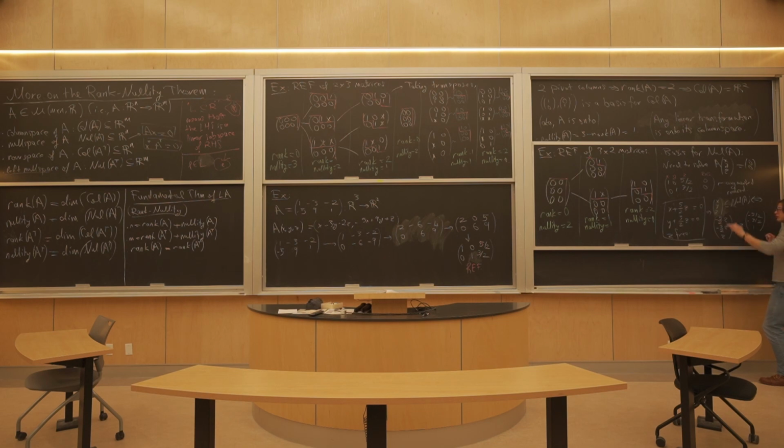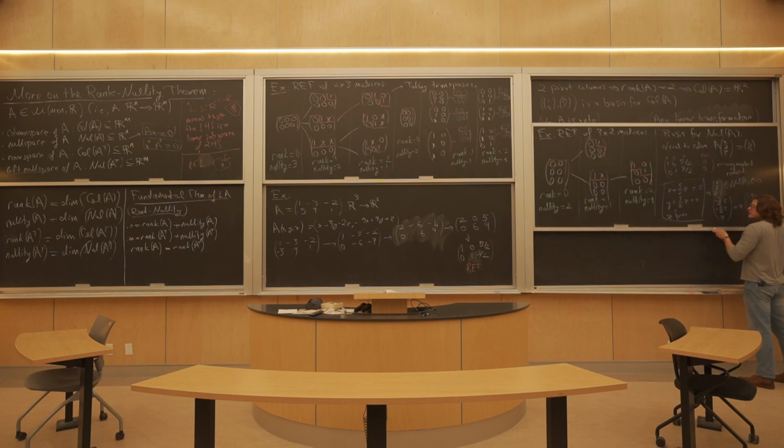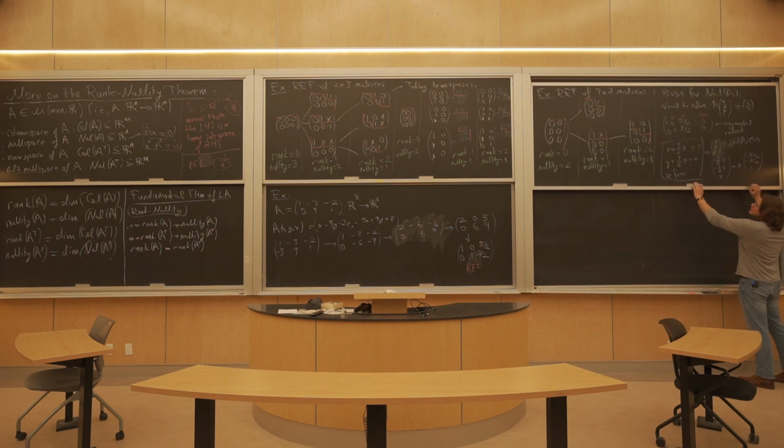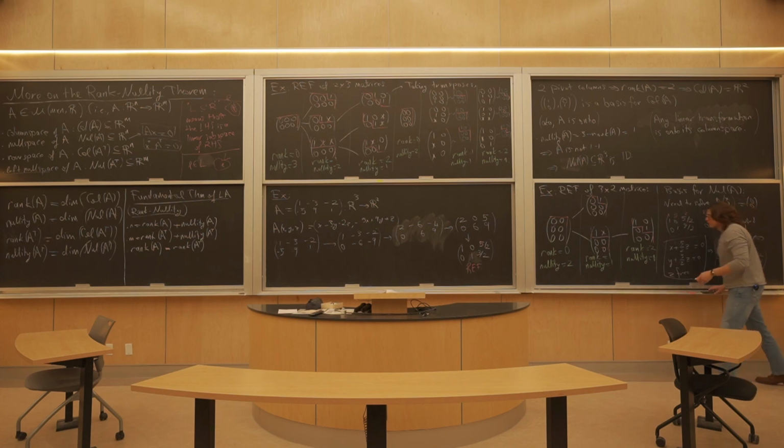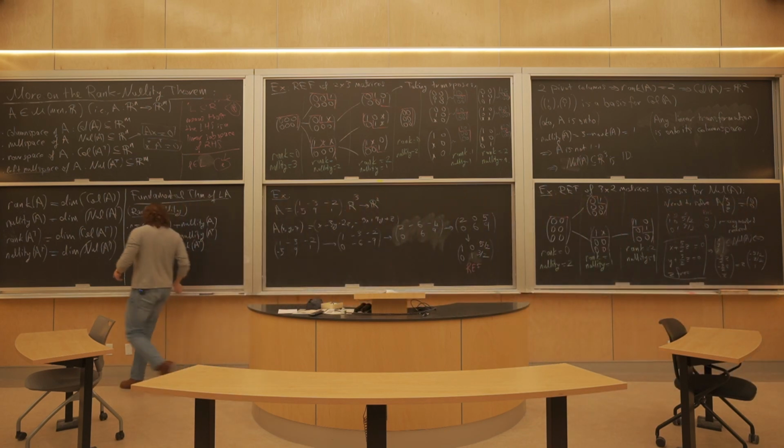So any vector that is in the null space of A is a constant multiple of this vector. If I wanted, I could finish this and then go further. So let's write it over here.